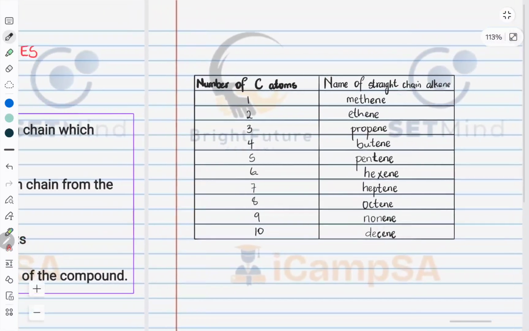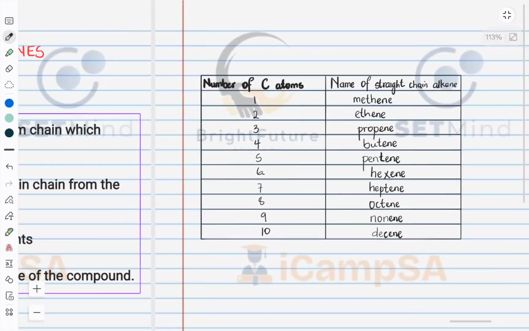Because if you remember, even when we were naming alkanes, we would count the longest continuous chain and count how many carbon atoms it has. If we find that it has 5 carbon atoms, the name of that chain would be pentane. Then we start combining all the other parts to form the IUPAC name of the full compound.